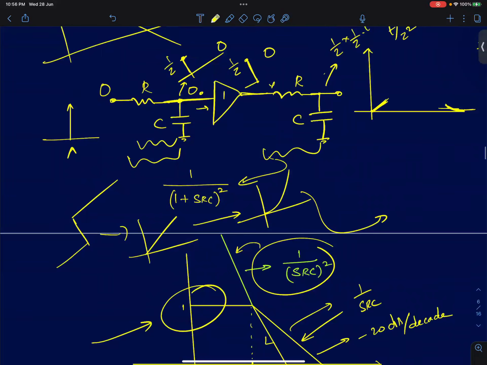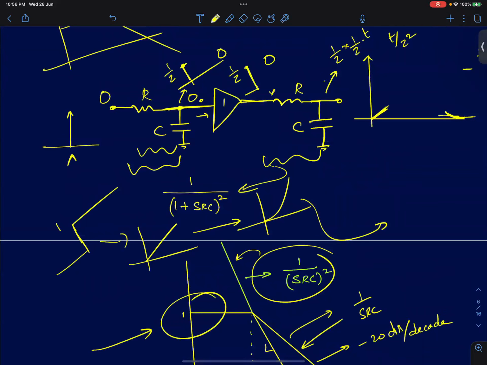So therefore, if the input is 1, you should expect the output to also be equal to 1. So the output is also 1, but somehow it reaches that 1. The exact way how it reaches, we will look at later. But what you know is the initial behavior and the steady state behavior.